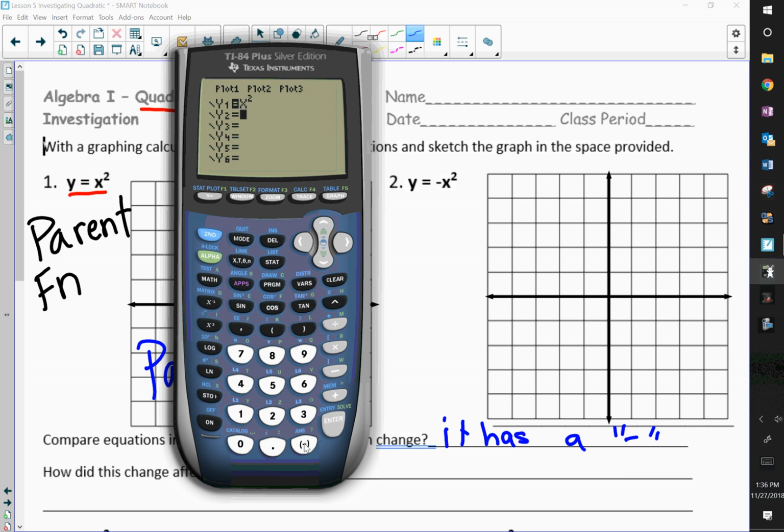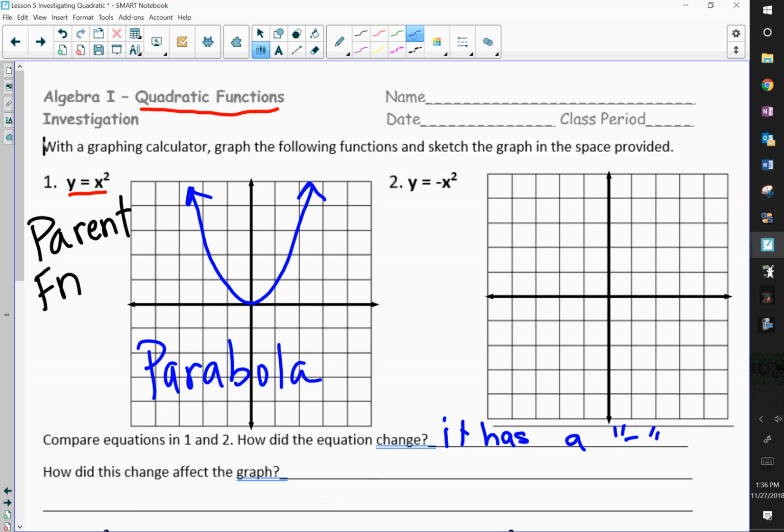The negative button is down here by the decimal point, x squared, and then I hit graph. And what does it do? It flips it over, just like yesterday. So the graph of y equals negative x squared is just the same as the parent function, only it's flipped over, which is the answer to the second question.